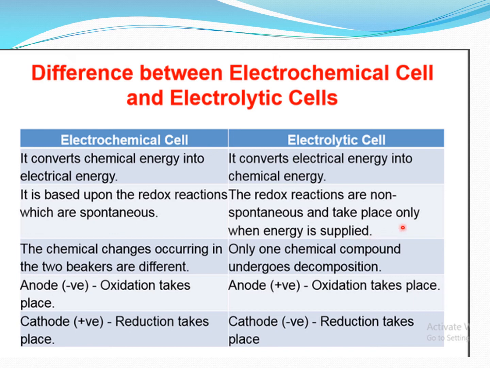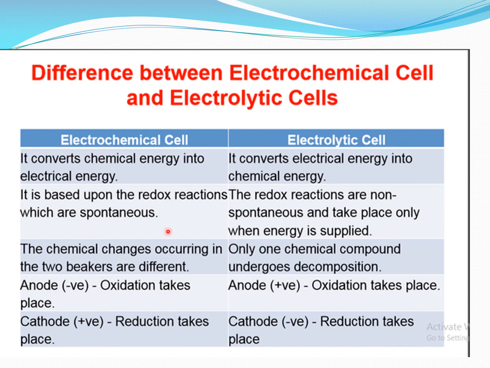Only when the current is passed through the solution does the non-spontaneous redox reaction occur. The chemical changes occurring in the two beakers are different, whereas in an electrolytic cell, only one chemical compound undergoes decomposition, which is the electrolyte used in the electrolytic cell, and it liberates substances at the different electrodes.